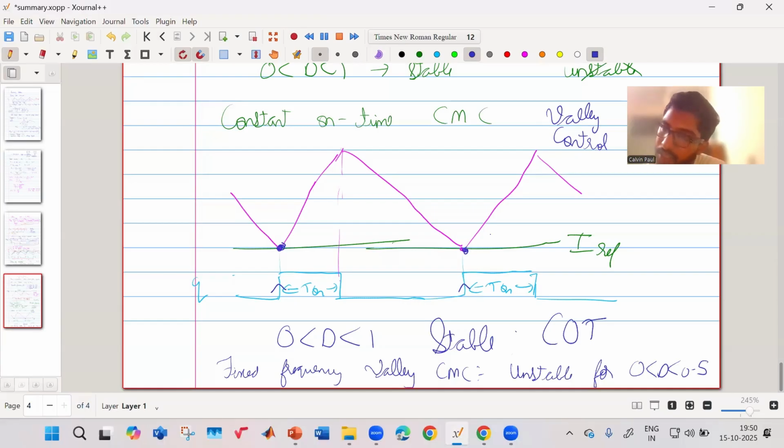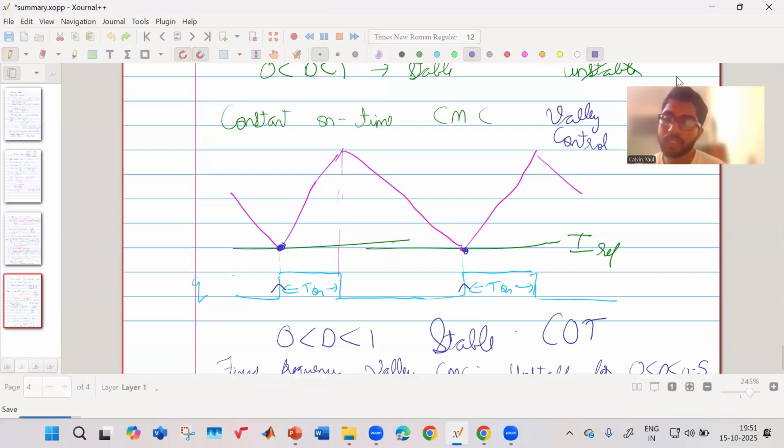When your duty is between 0 and 0.5, it is unstable for fixed frequency valley current mode control. But when we go for variable frequency, that is by virtue of constant on-time current mode control, it is stable for the entire duty cycle range. So this is an advantage of constant on-time current mode control. Any doubts in this part?